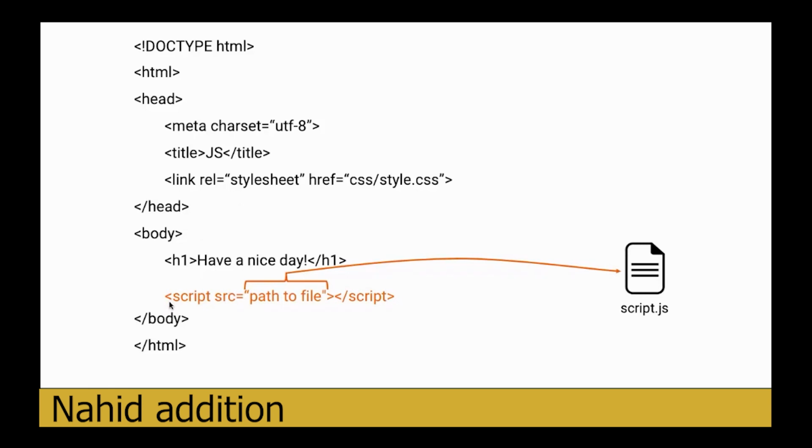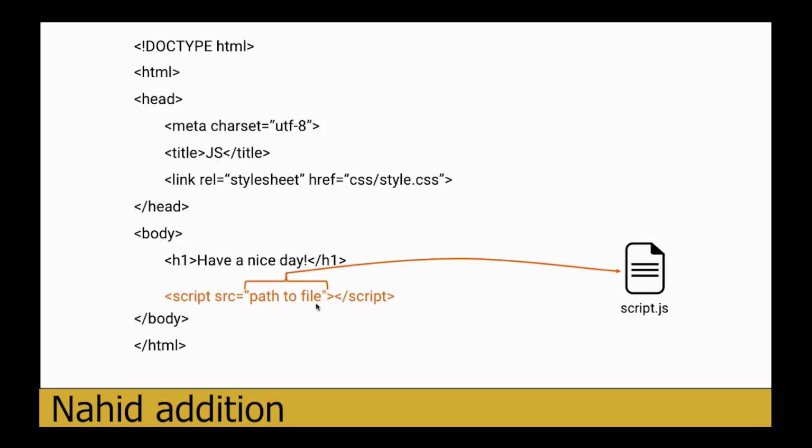As you see, unlike the link tag, the script tag is paired. To connect the CSS file, we use the special attribute called href, and then a path to file where this CSS file is stored. To connect the JS file, we have to use another special attribute called src, which stands for source, and then a path to file.